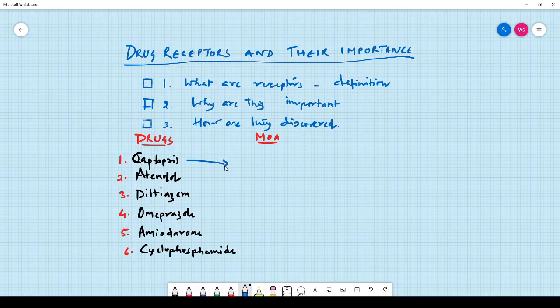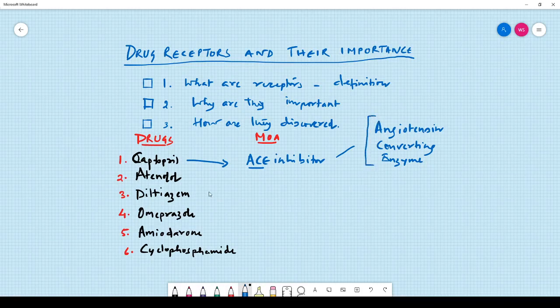So captopril, we all know it's an ACE inhibitor. Okay, what is ACE? It is angiotensin converting enzyme. What is atenolol?